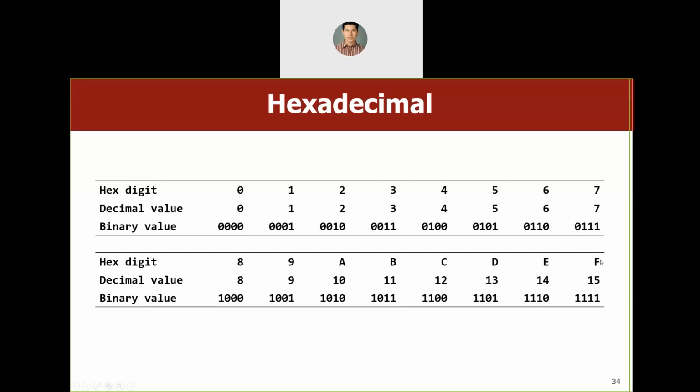Now after this, what number will come in hexa? 10. Okay. So after this comes 10. So this 10 is equal to decimal 16.